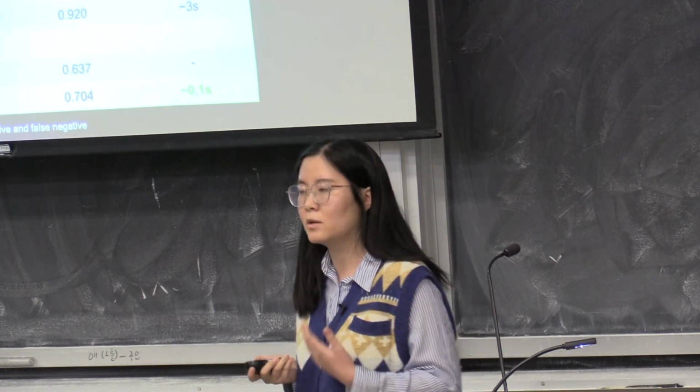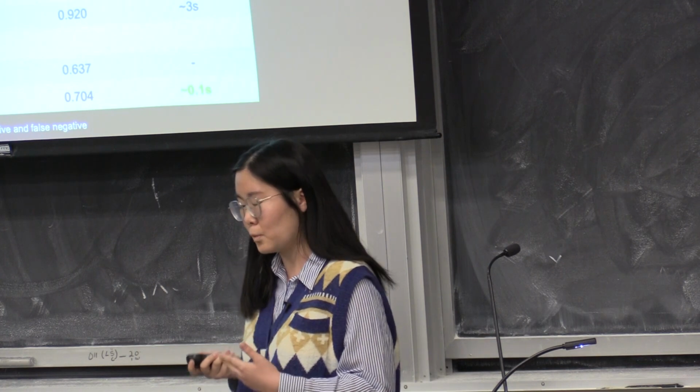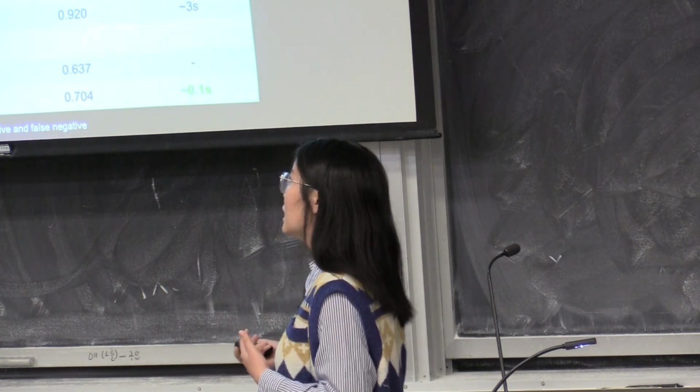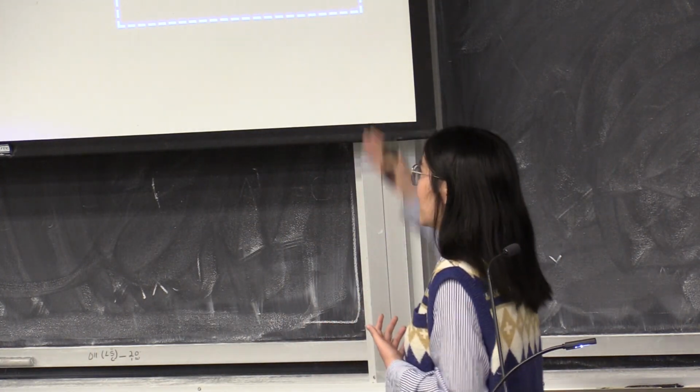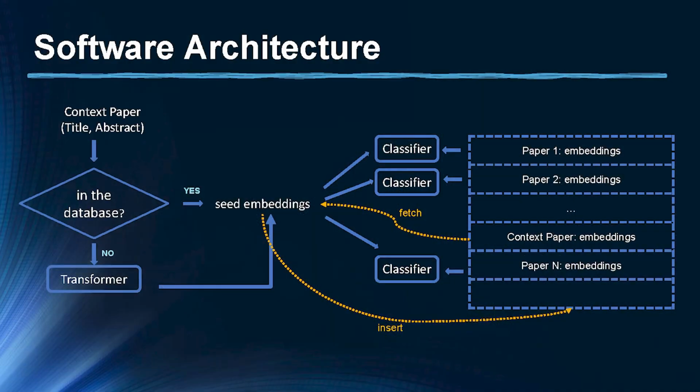However, in our case, the workflow in inference mode is quite different. To save inference time, we pre-compute the embeddings of all the papers in the dataset and save them into a database. When we receive the input paper from the user, we first check whether this paper is in the database. If the answer is yes, we fetch these embeddings directly from the database.